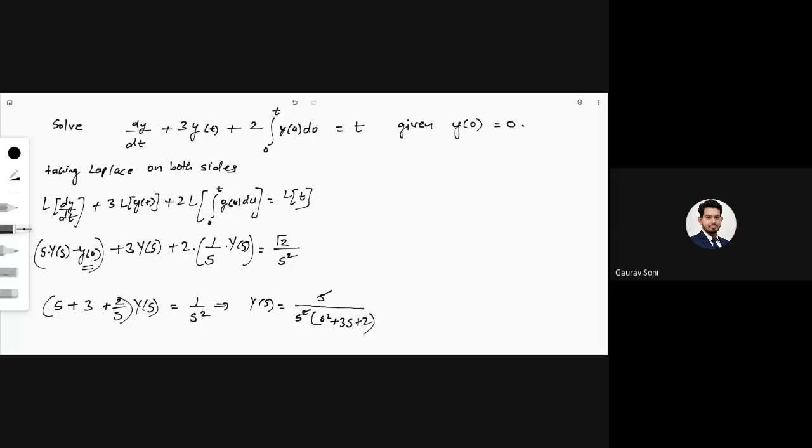So one s will get cancelled out. So Y of s is equal to 1 upon s. We can factorize the middle term in the second one. What we have is s plus 1, s plus 2.